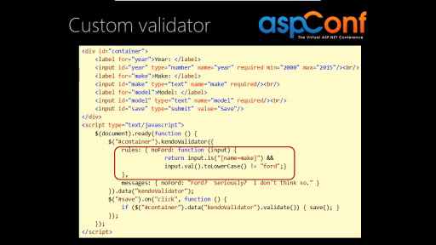I'm adding a rule called noFord, and I'm assigning it to a function. Inside the function, I need to make sure that we're dealing with the actual input field. In this case, I want the make field, so the maker of the car, the manufacturer. Then we want to check the value of the input and return true if it doesn't equal Ford. Otherwise, the field is invalid and return false.